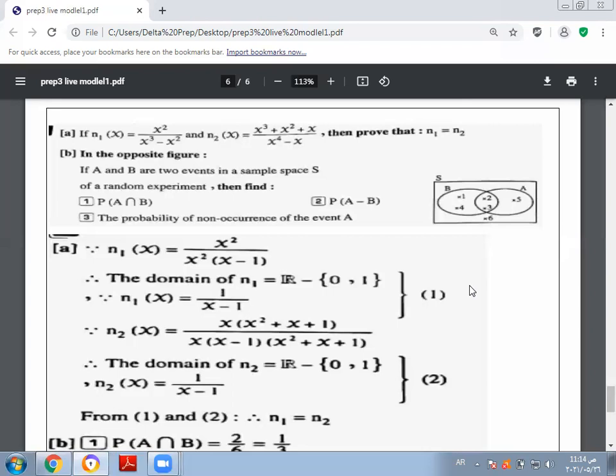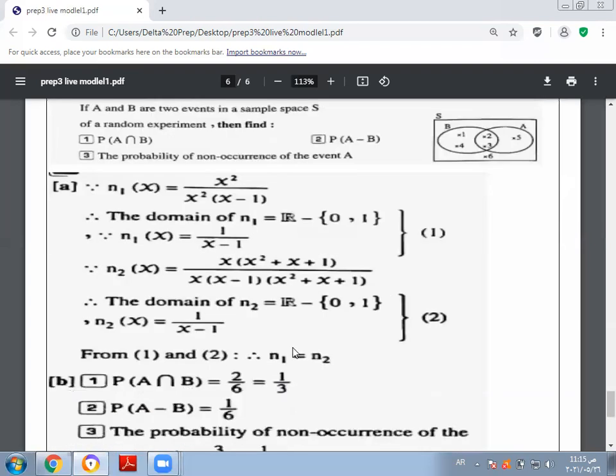Here the domain of n2 will be R minus {0, 1}. Then we simplify by canceling the x by x and the x power 2 plus x plus 1 by x power 2 plus x plus 1. We find the simplest form is 1 over x minus 1, the same as the first. And the two domains are the same. So we can say n1 equals n2.